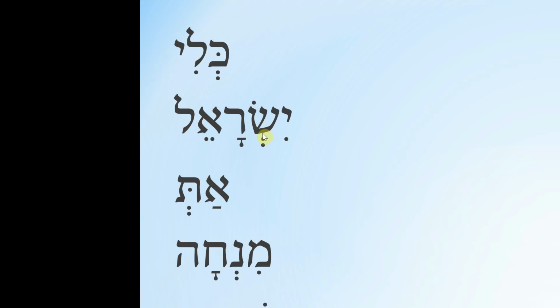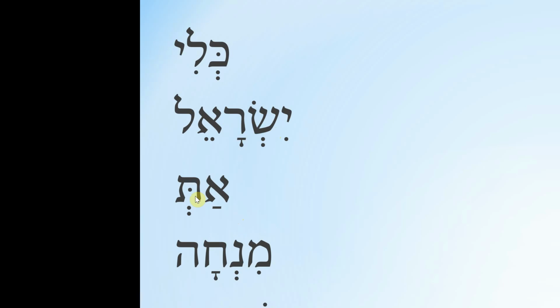Is the schwa here vocal or silent? It's silent. Yisrael. A single schwa in the middle of a word is generally silent. It also marks the end of a syllable. Yisrael. So that's the end of the syllable as well. This would be a syllable break.